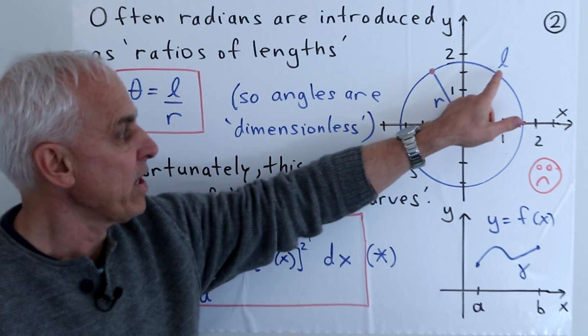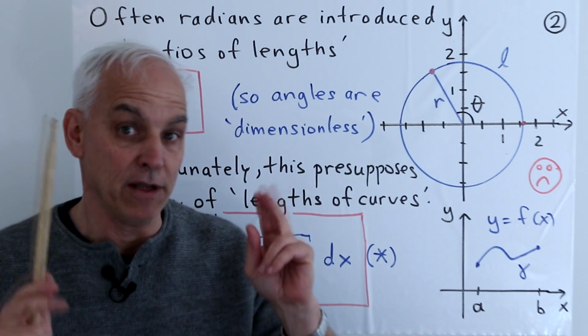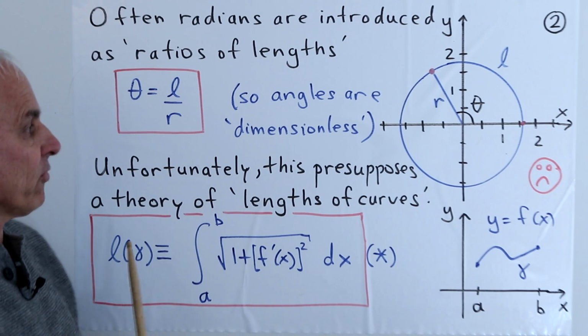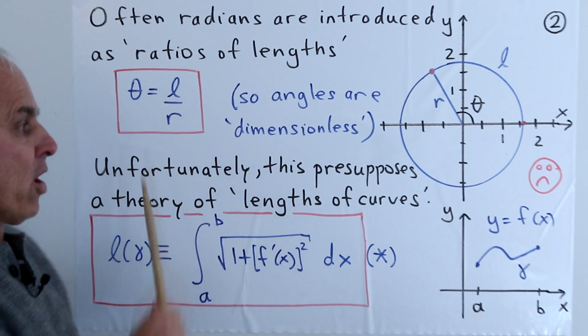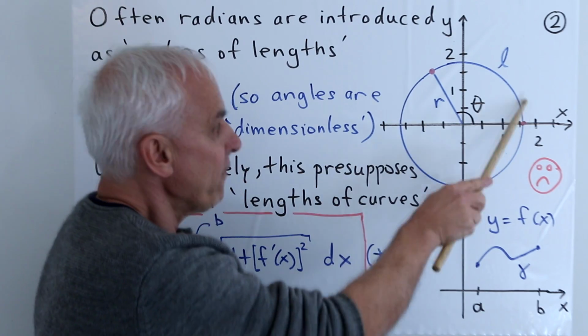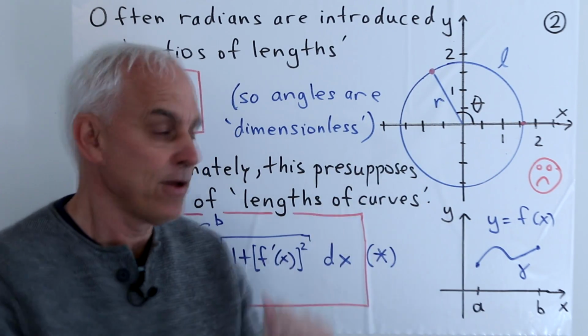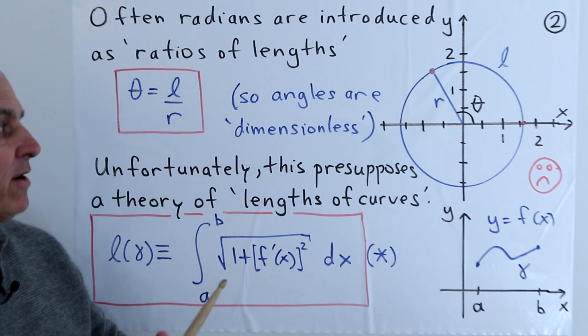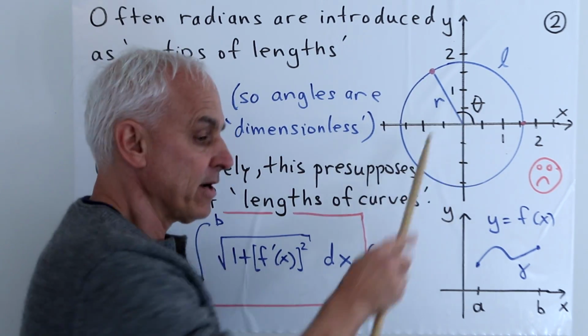Supposing that we have a notion of length of that circular arc, then we can also define the angle as the ratio of L over r.